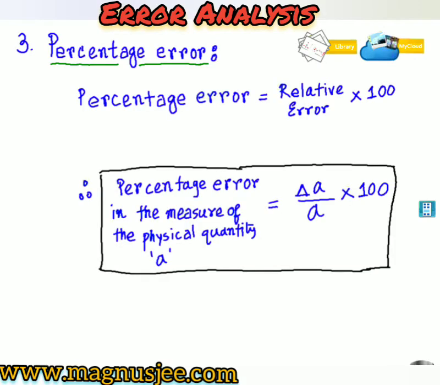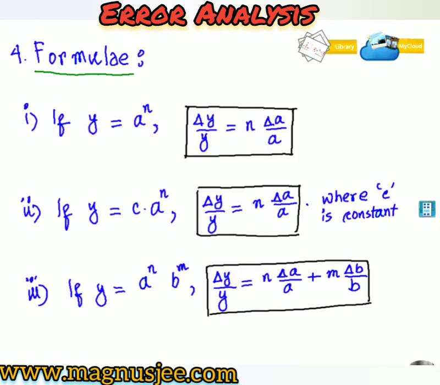Number 4 formula. It should be number 4, 1, 2, 3, 4.